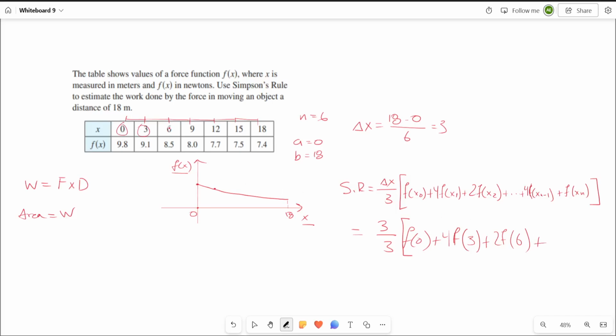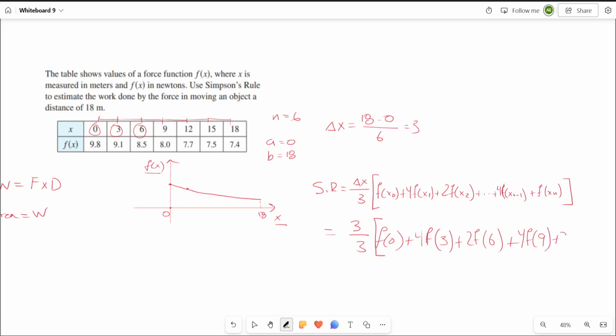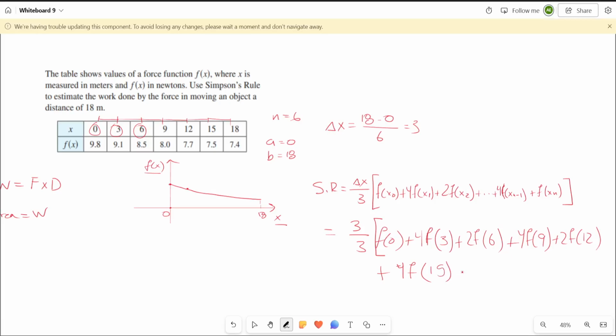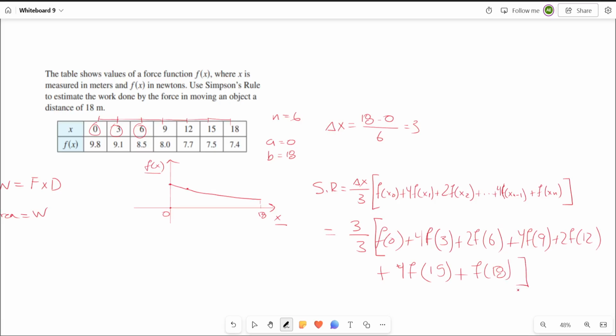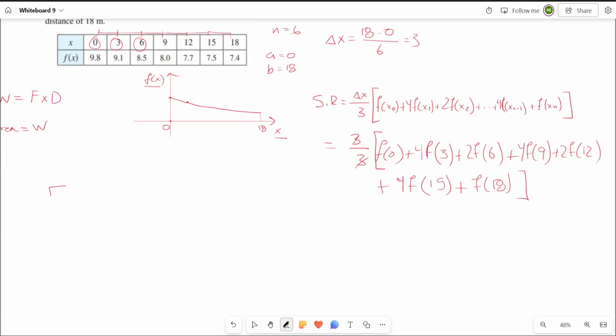This is the first x, second x, third x. Plus 4 times f of 9, plus 2 times f of 12, plus 4 times f of 15, plus the final one, which is f of 18. So from here, 3 and 3 cancel.